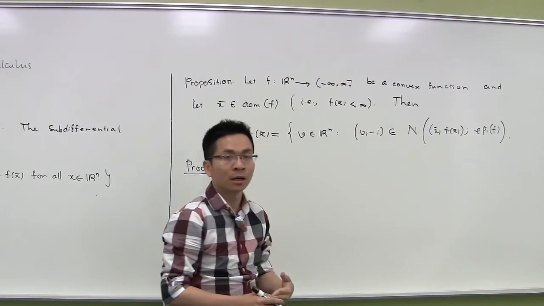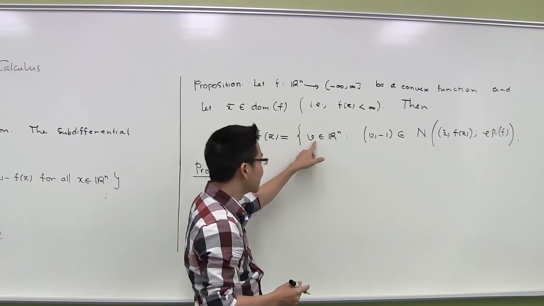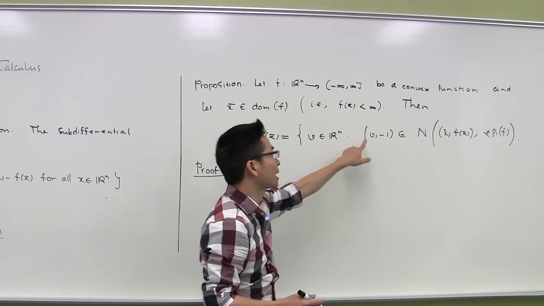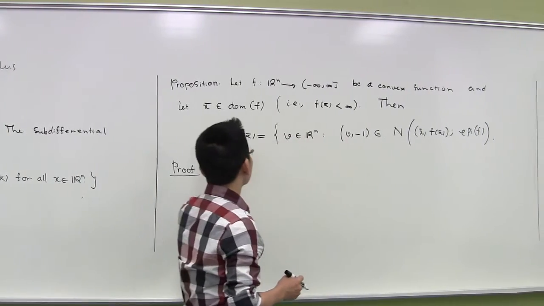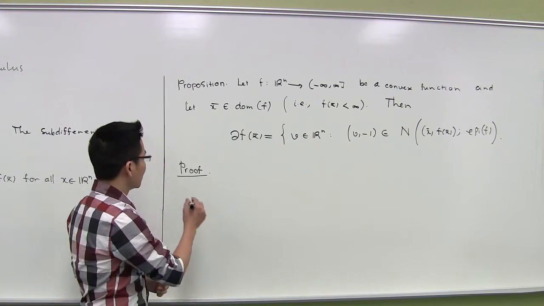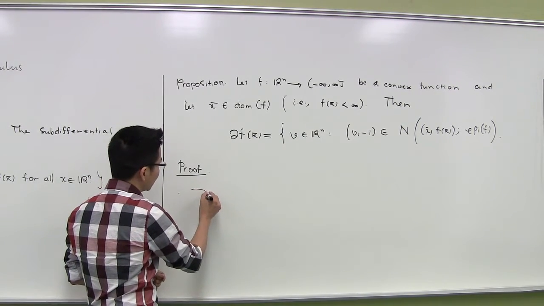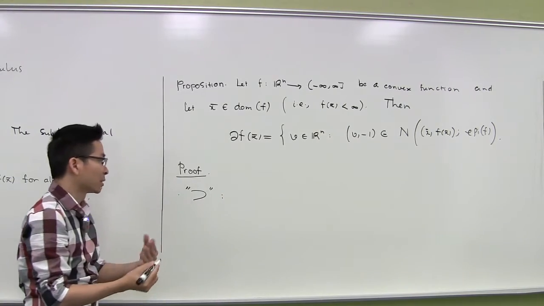And also, we prove the opposite inclusion by taking any v in Rn such that this is true. Then we will show that v belongs to the subdifferential of the function at x bar. Okay, so the proof of the opposite inclusion is easier, and I'm going to do it first.